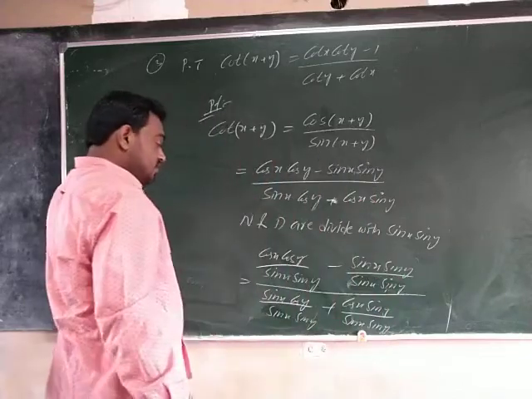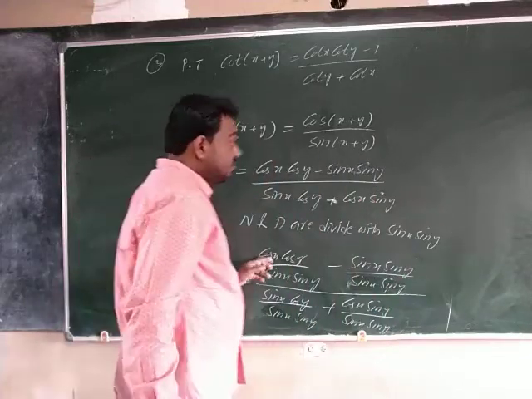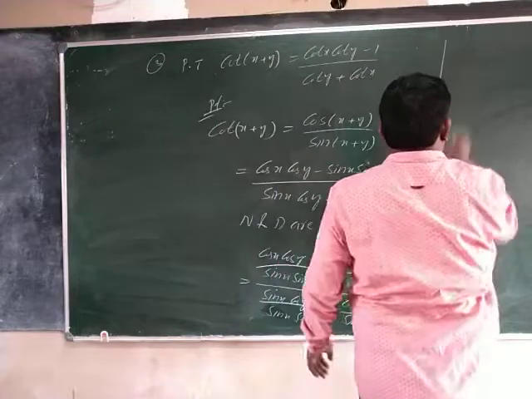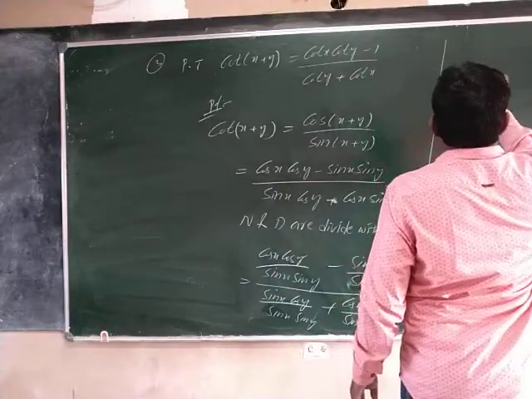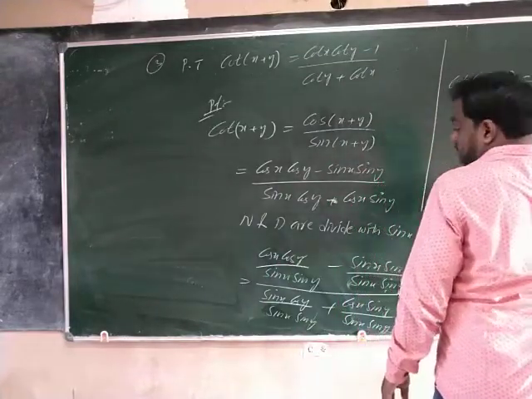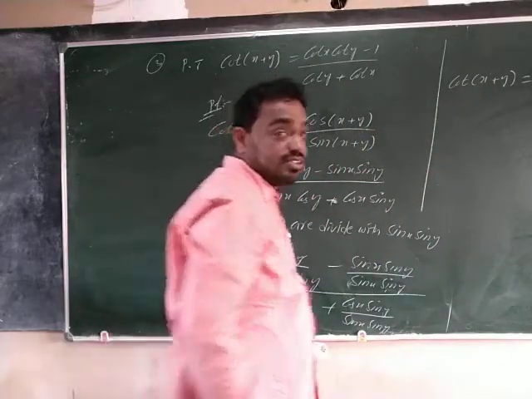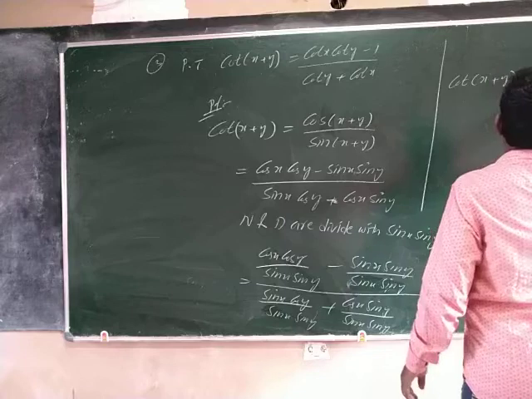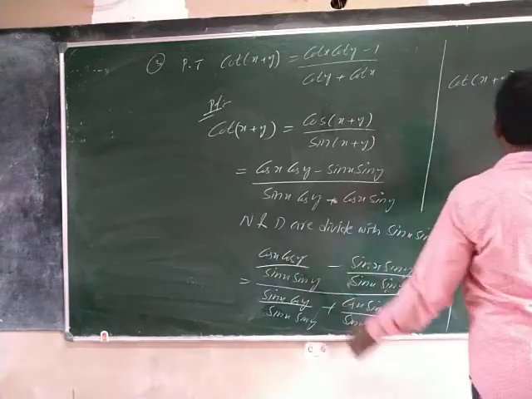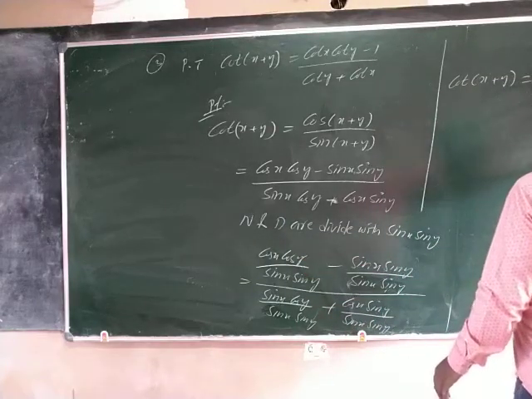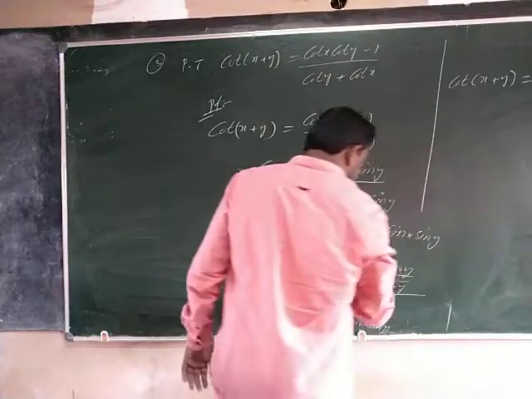Right? So here this is equal to cot of (x plus y), which is cos x by sin x, equal to cot x. Here the angle is y, so cot y. Here the same terms get cancelled.